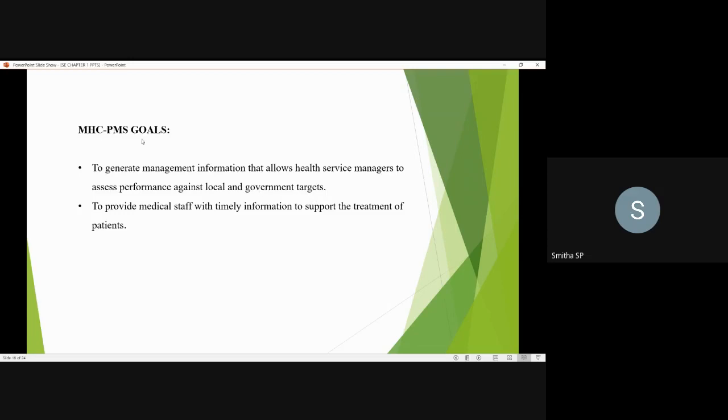The second goal is to provide medical staff with timely information to support the treatment of patients. That is, medical staff should be given proper information about the treatment the patient has been undergoing.